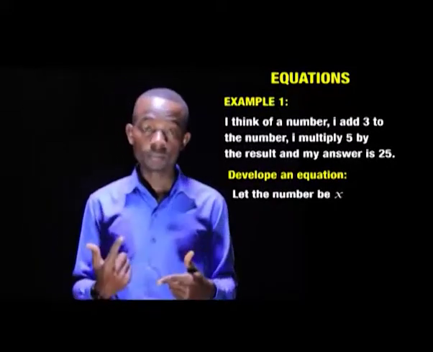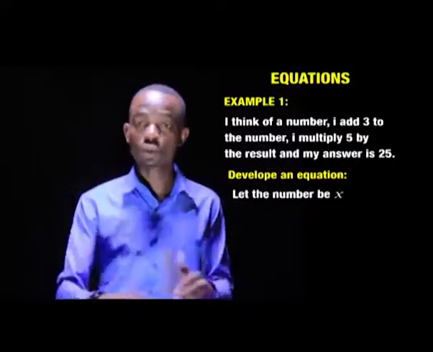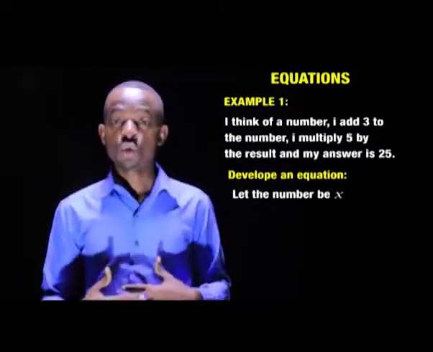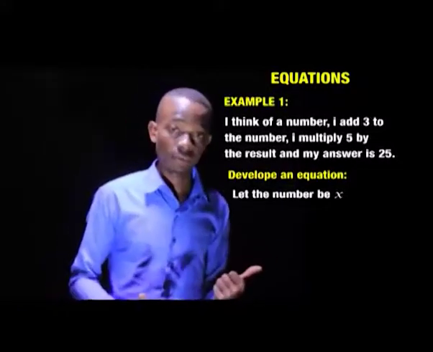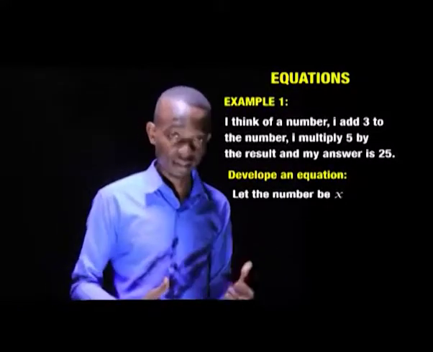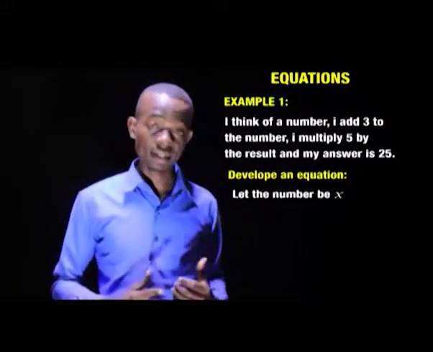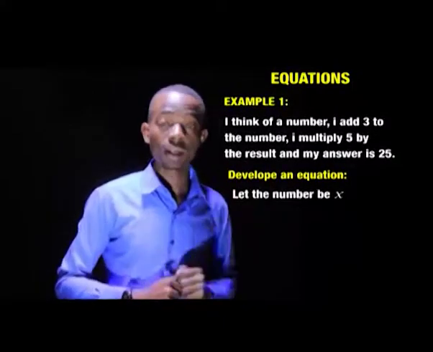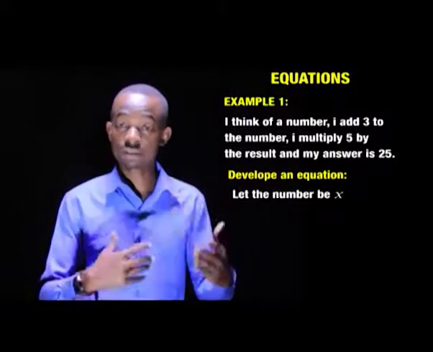Number one, I first convert this mathematical statement into an equation or an expression. So when I think of a number, I can let this number be X. So the number I've thought about is X. So I think of a number X, I add 3 to it, so it becomes X plus 3. After adding 3, I multiply 5 to the result which I've got.